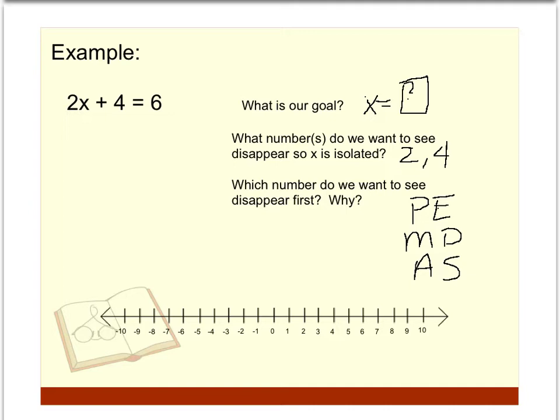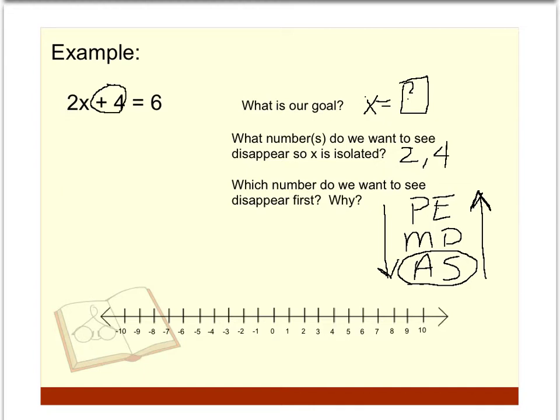When we want to plug numbers into equations and evaluate, we will work our way down PEMDAS. When we are looking to solve equations, we're going to work our way back up PEMDAS. Now, you don't have to, as we'll see in a few minutes, but it's easier if you do it that way. So, the first number we want to see disappear is the one that is added or subtracted to our variable, and that would be 4.